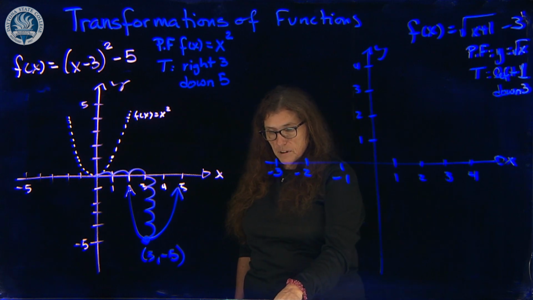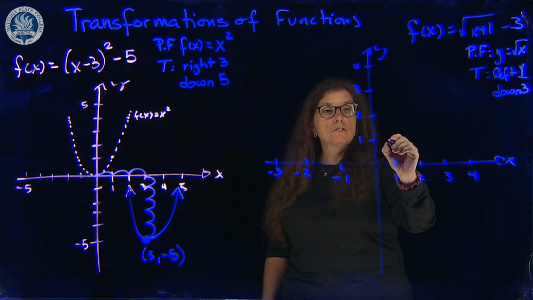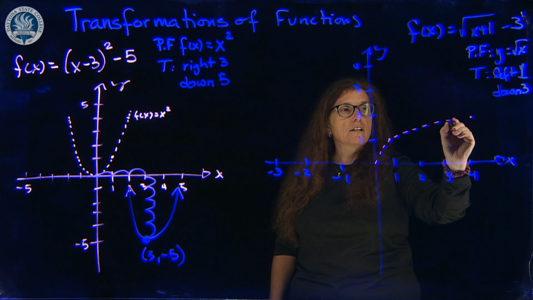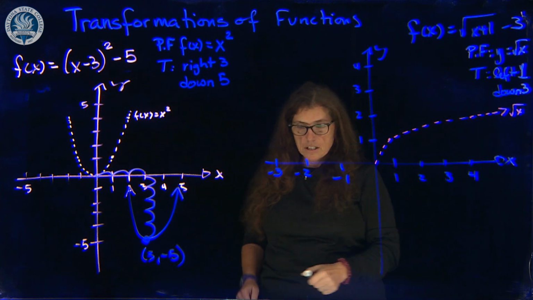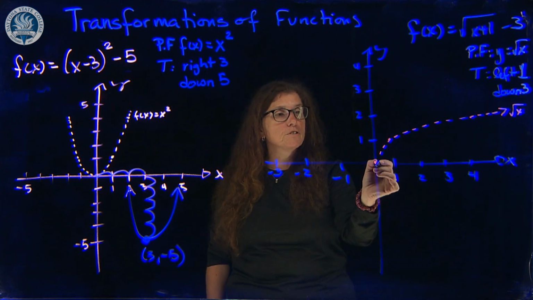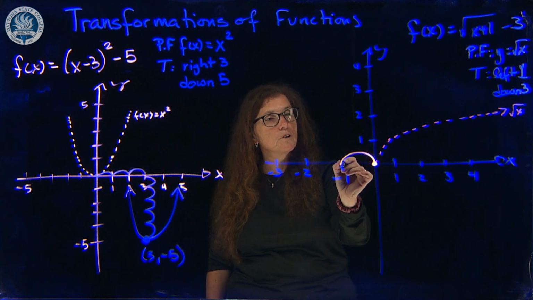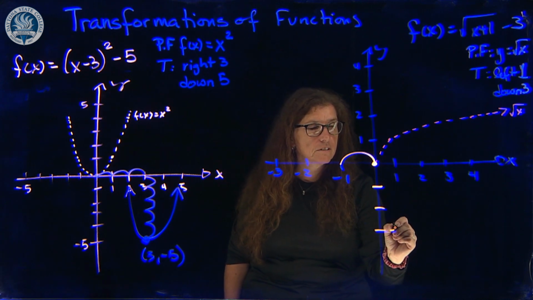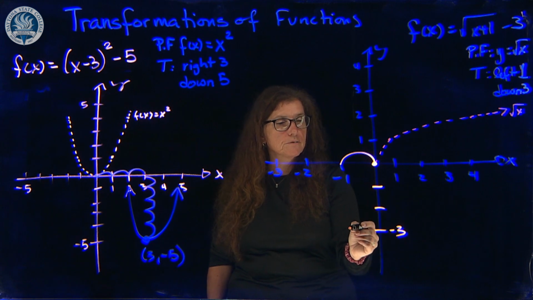Again, I'm making a sketch of my parent function, which more or less looks like that. Here you go, that is the square root of x. Now for my transformation, I go from my point of reference, again (0, 0), left 1 unit, and at the same time down 3 units, with some scale increments.